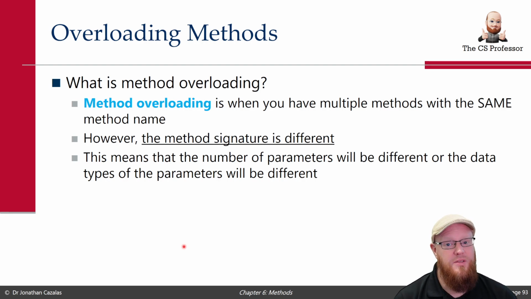And remember, what is the method signature? It's the combination of the name with the list of 0 or more parameters. So as long as that method signature is different, we can have multiple methods with the exact same name, all within one program, and that is called method overloading.